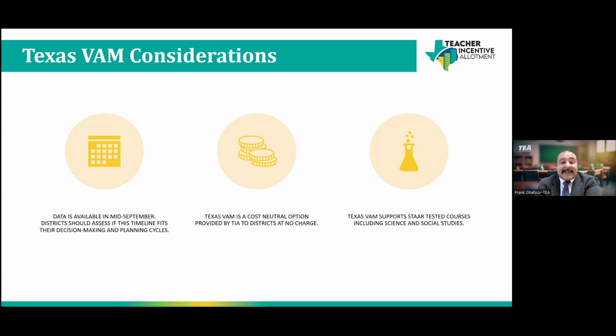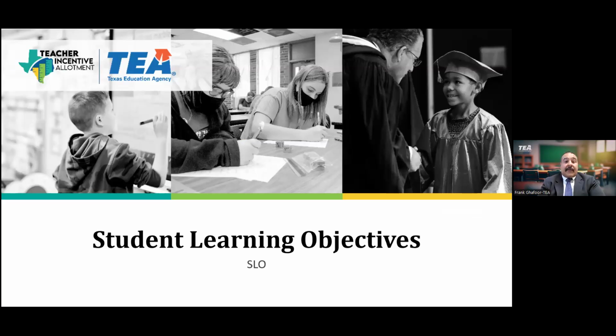The other consideration is cost neutral, so no charge. And Texas VAM supports STAR-tested courses, including science and social studies. So there are a lot of good reasons to use Texas VAM or VAM in general if you're looking to use a statistical model to measure student growth and teacher performance.